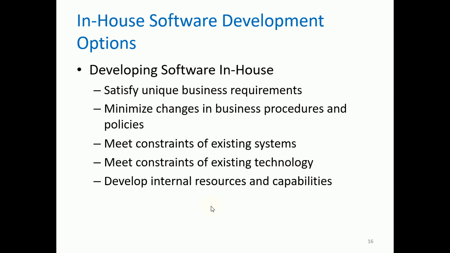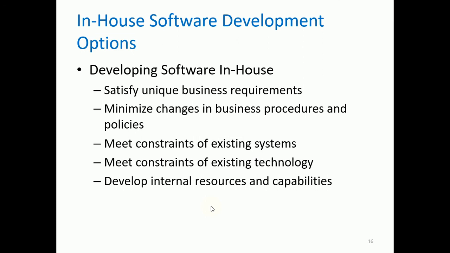If you're going to develop your software in-house, these are the advantages of building it using your IT department. This software development satisfies unique business requirements. Why? That is the purpose of your information system: you're going to solve a particular problem encountered inside your company or office that needs to be resolved, so the solution is creating an information system.